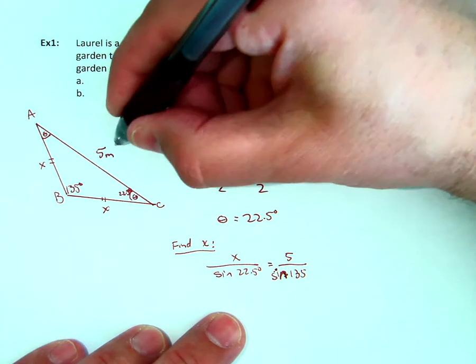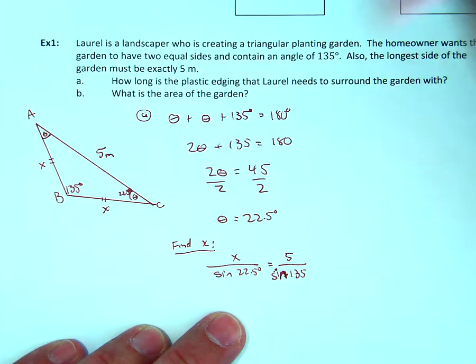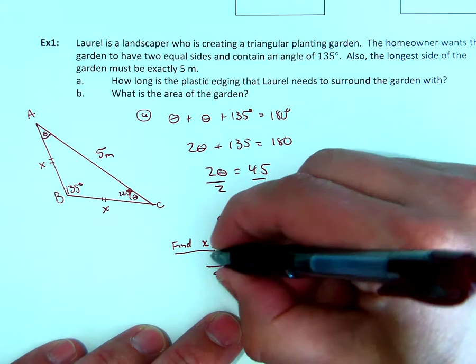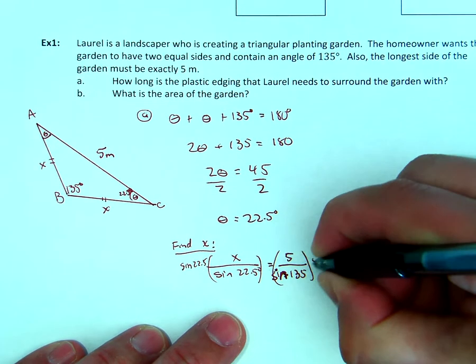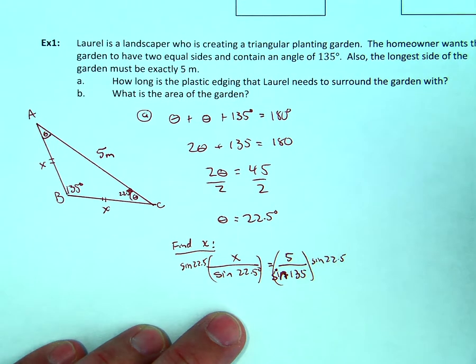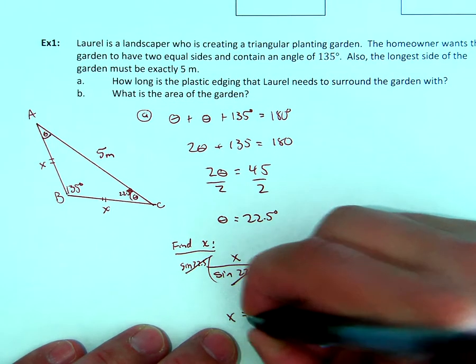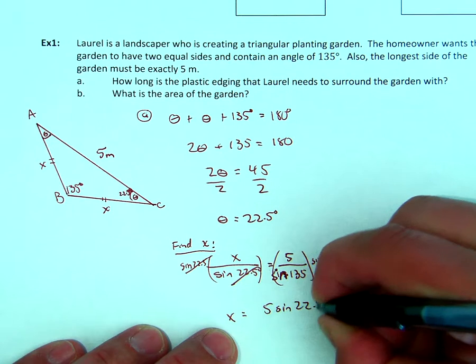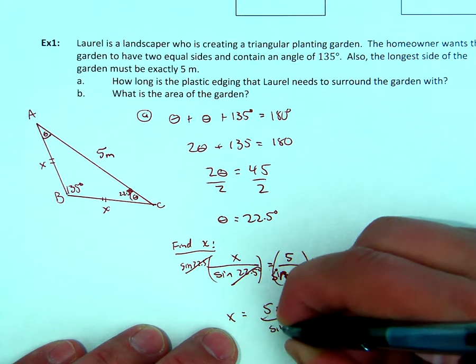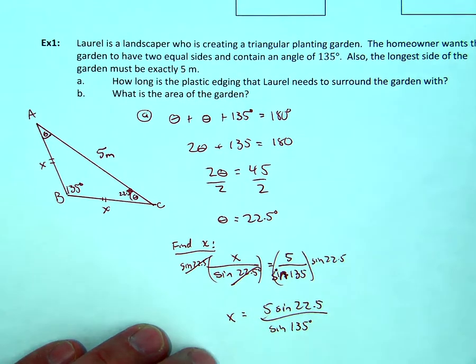So again, the 5 is across from the 135, so it always has to be across from. Multiply both sides by sine 22.5. Sine 22.5 will divide out. You'll have x equals 5 times sine 22.5 over sine 135.